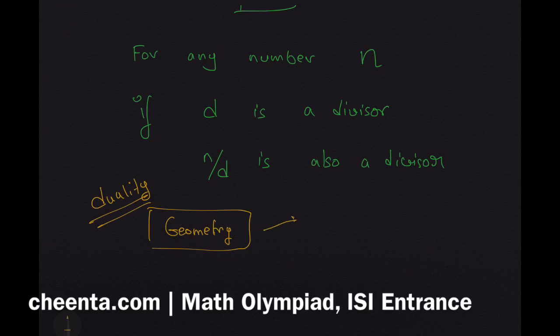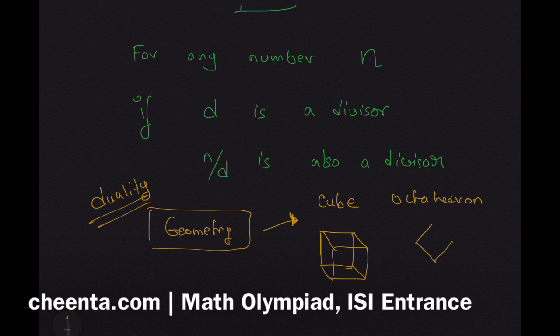I'll make a claim here and you can tell me why this claim is true. A cube, which looks like this, and an octahedron, which looks like a diamond, like this. My claim is that these two objects are dual to each other.